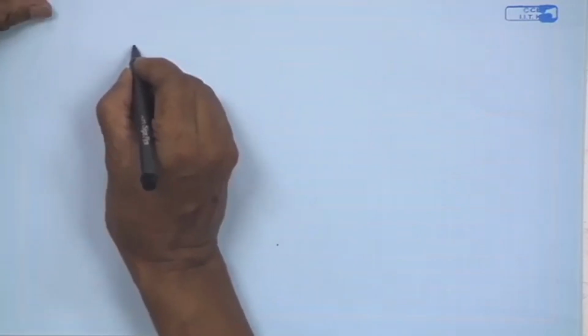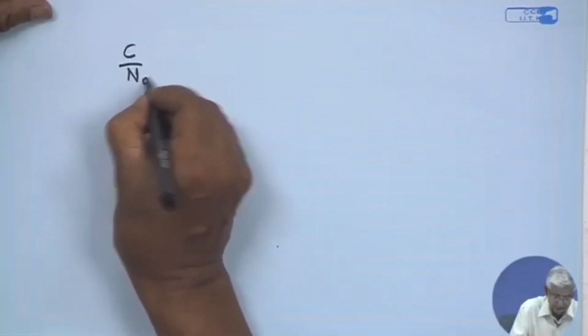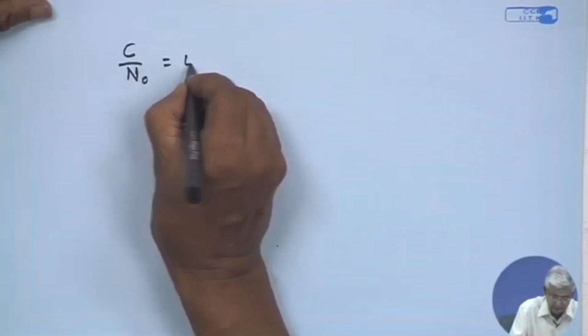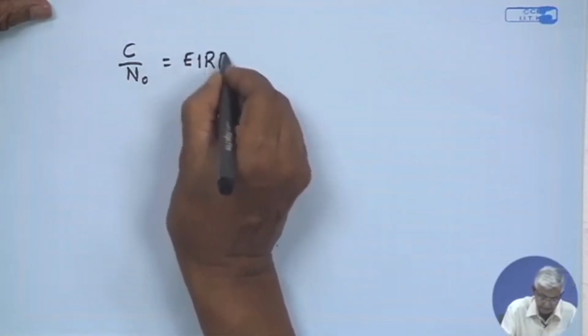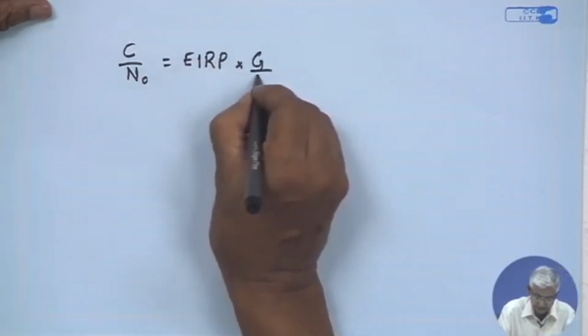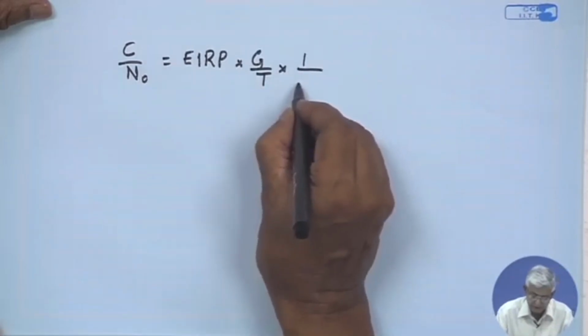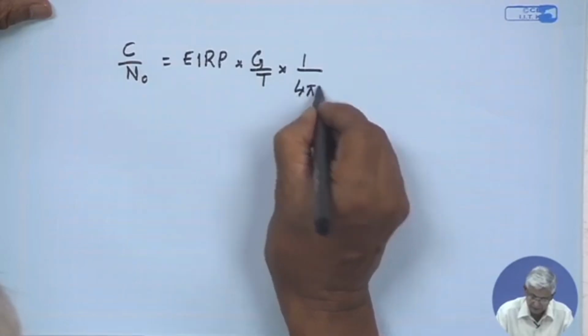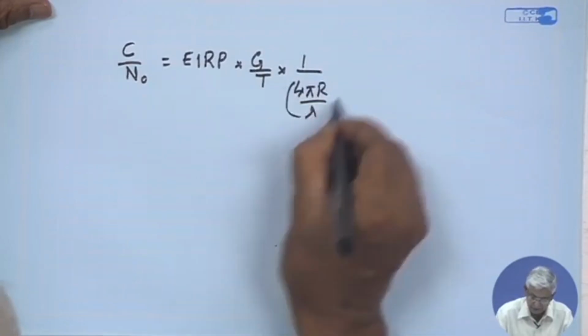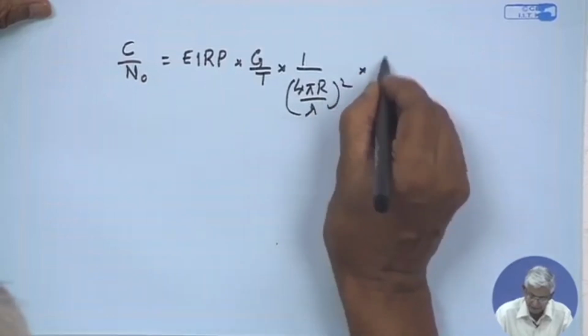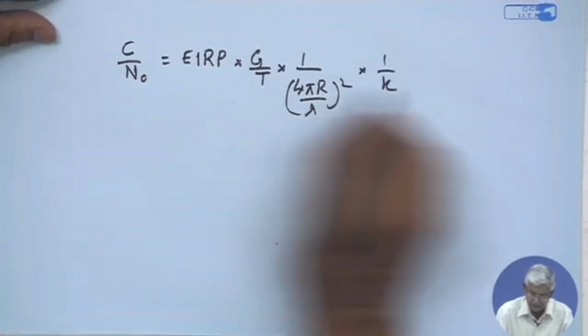One is when you write in ratio: C by N naught is EIRP multiplied by G by T multiplied by 1 by path loss, or let us write the same thing, (4 pi r by lambda) square, into 1 by K, which is in ratio.